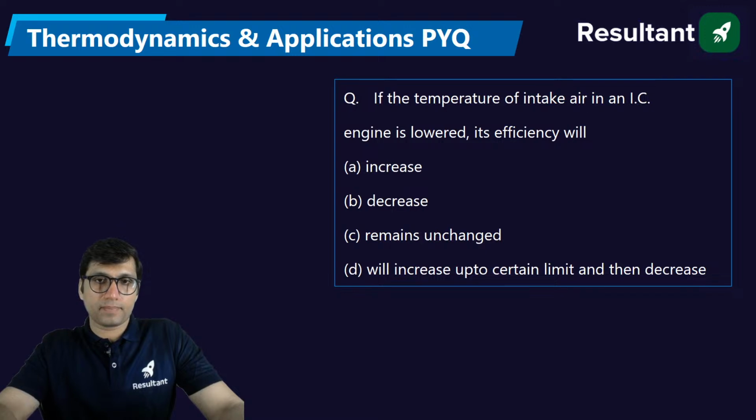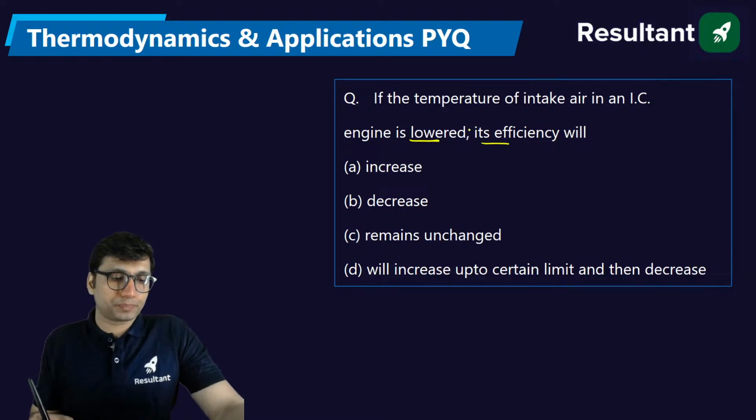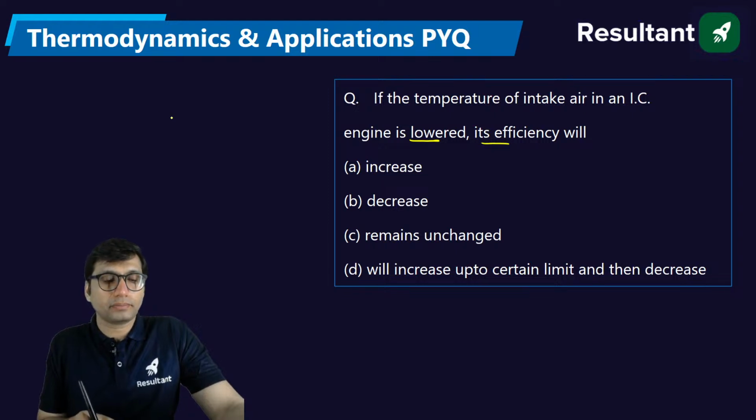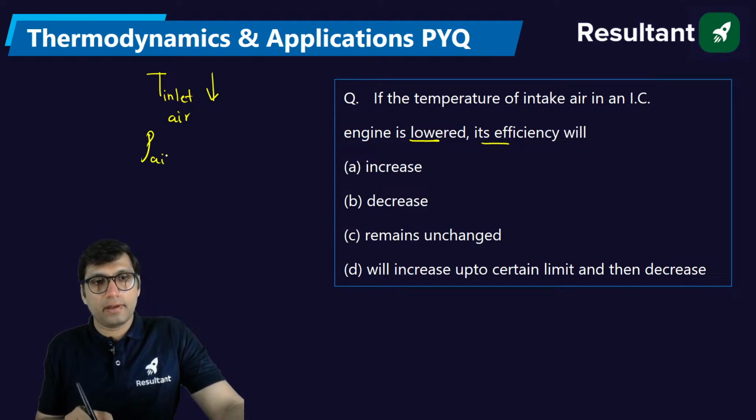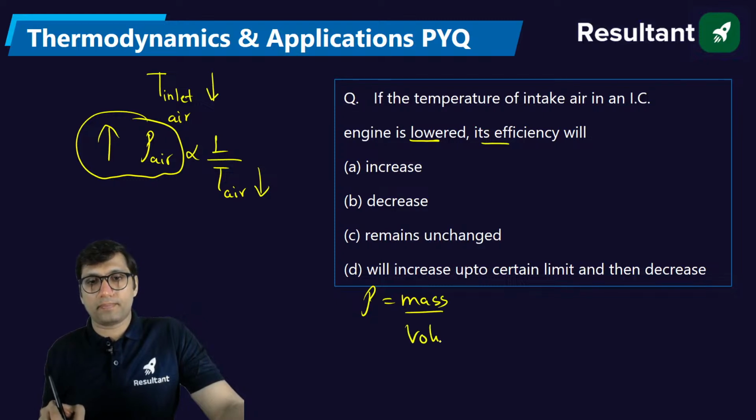Next question: if the temperature of the intake air in an IC engine is lowered, its efficiency will. Now you know that density of the air is inversely proportional to temperature of the air. So if temperature is lowered, the density of the air will increase, and density is equal to mass per unit volume.